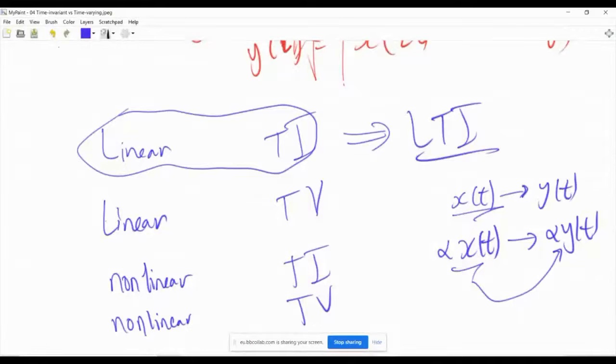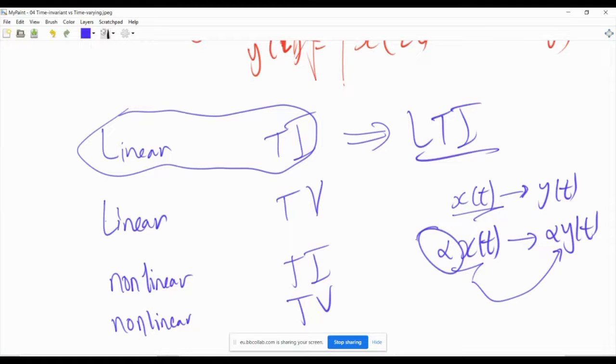For amplifiers built with transistors, or many transistors in an operational amplifier, if your signal is a millivolt or something like this, the amplifier will work and it will amplify the signal by some factor, let's say 10 or 100. But of course, if you increase the input signal, this small signal analysis will fail, because the amplifier will start to behave in a nonlinear fashion. So again, we have linearity on a range.